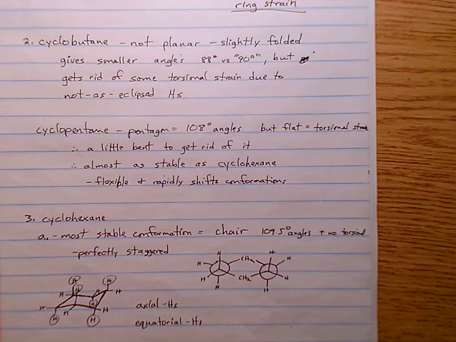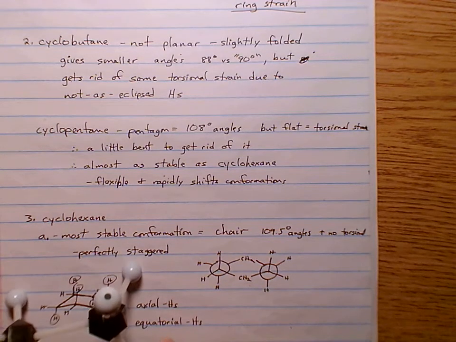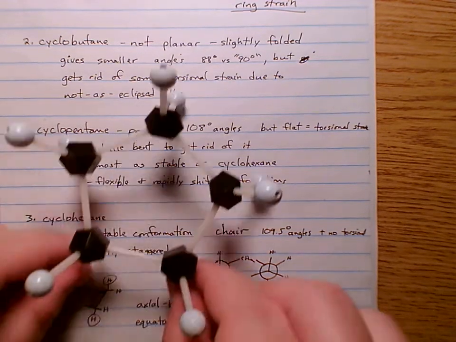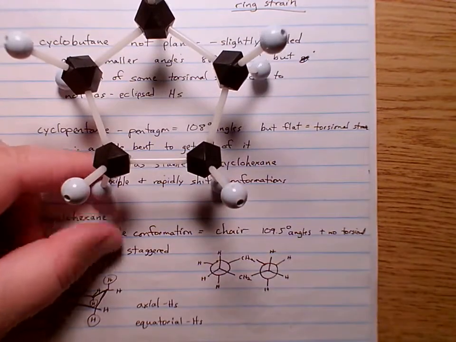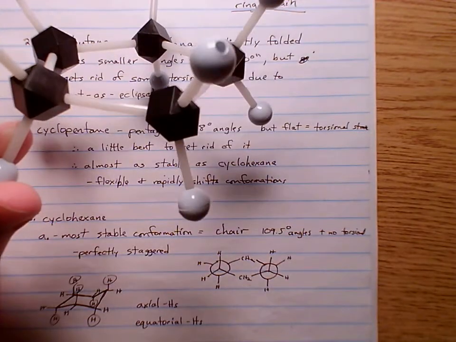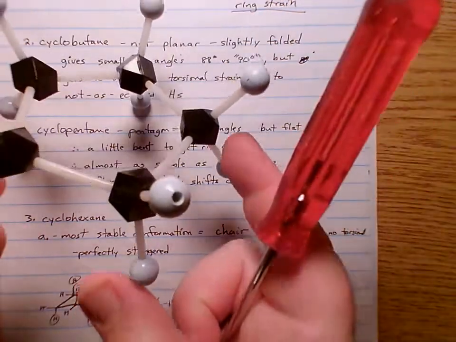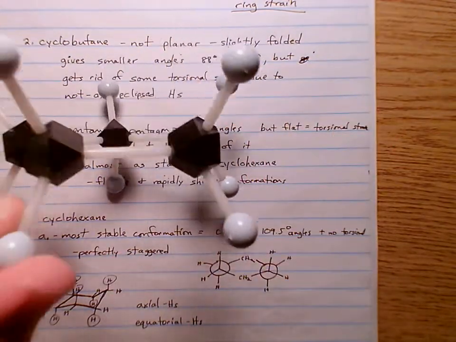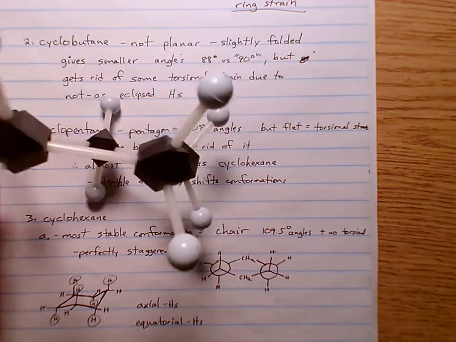Now, when we go to cyclopentane, what we find is if we make it like a flat pentagon, we would say, okay, the angles aren't that good. Everything's eclipsing. Look at those guys eclipsing there.